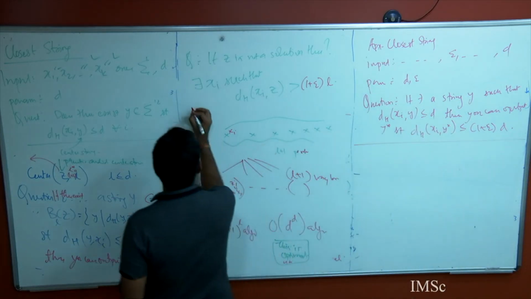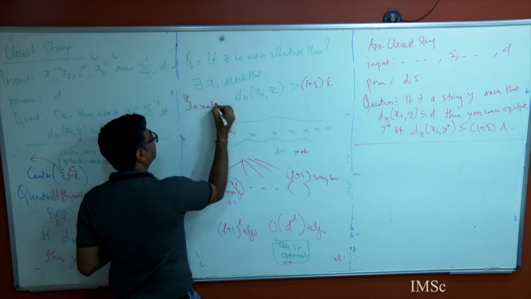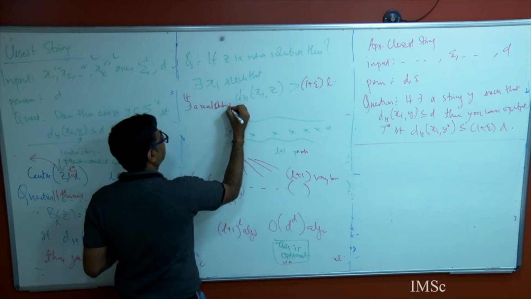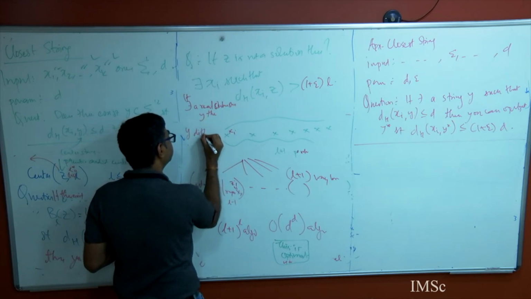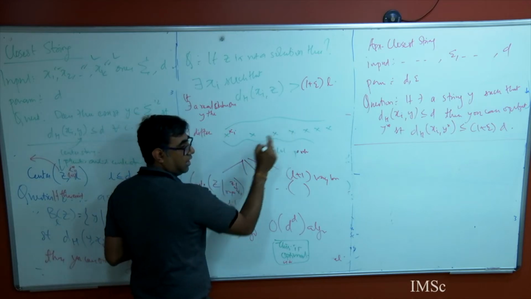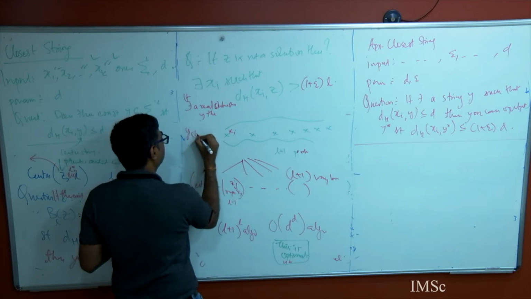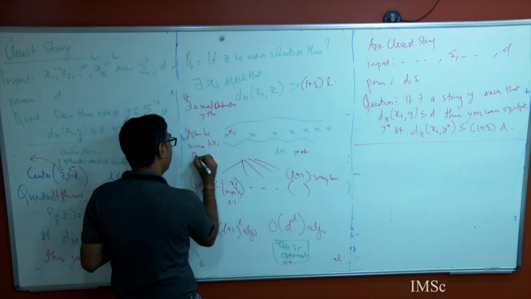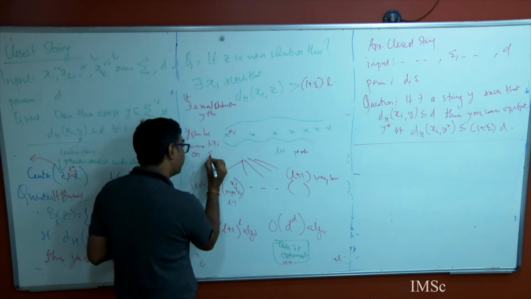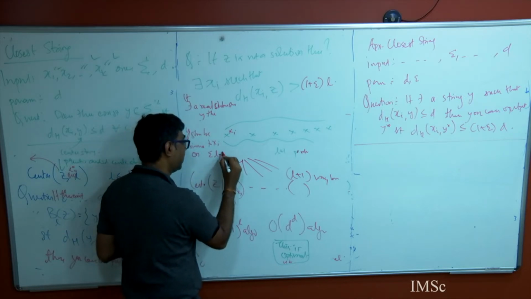If there exists a real center string y, then y should be similar to xi on how many places? Epsilon times L places.